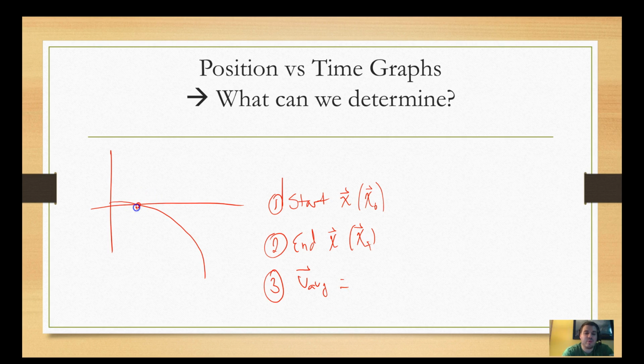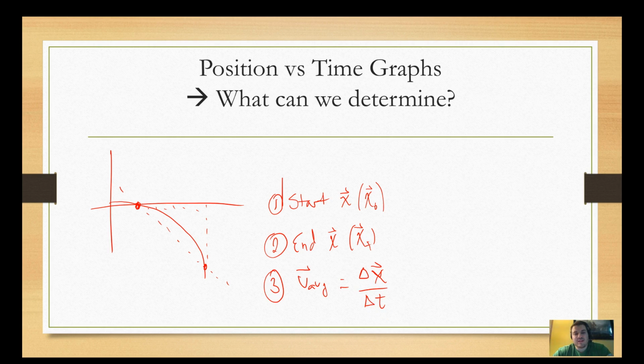So I would take a point, maybe right here where I was at the origin, and some point later, and imagine drawing a secant line. And this secant line here, if I do the change in y, the rise, divided by the change in x, or the run, that would give me the average velocity.